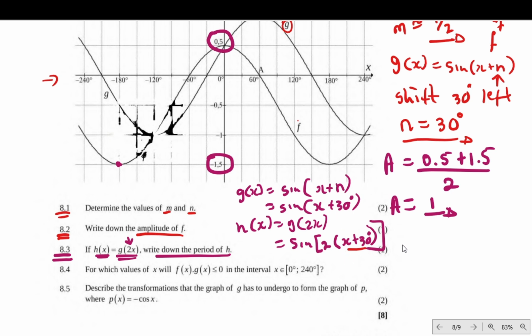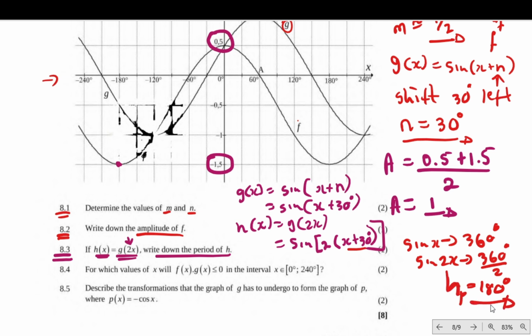So normally the period of a sine function is 360 degrees, right? But because we're going to have sine of 2x, you're going to have 360 degrees divided by 2, which is equal to 180 degrees. So this is going to be the period of the graph of h, which is 180 degrees.